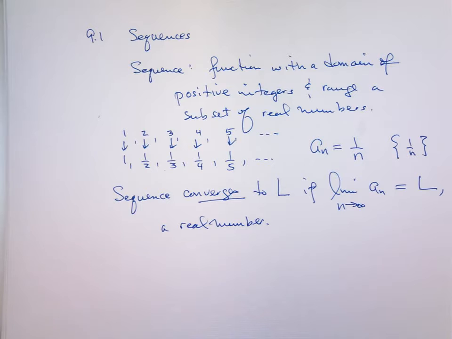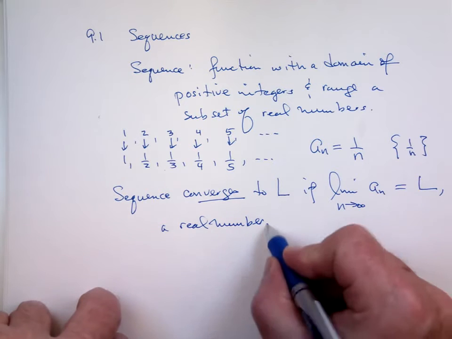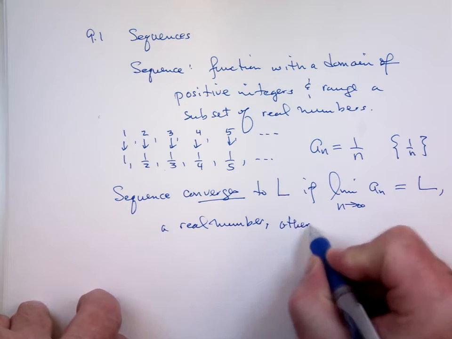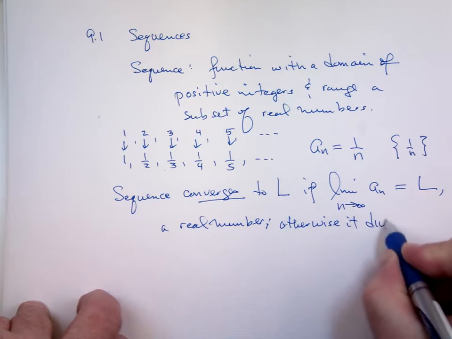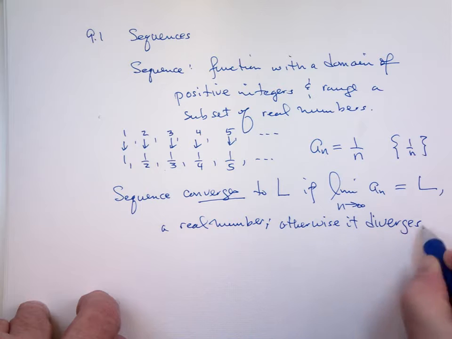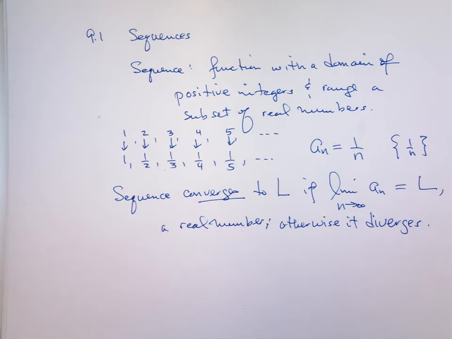If that limit does not exist, otherwise it diverges. So if the nth term has some limit, no matter what it is, as long as it has some real number limit, the sequence converges to that limit.